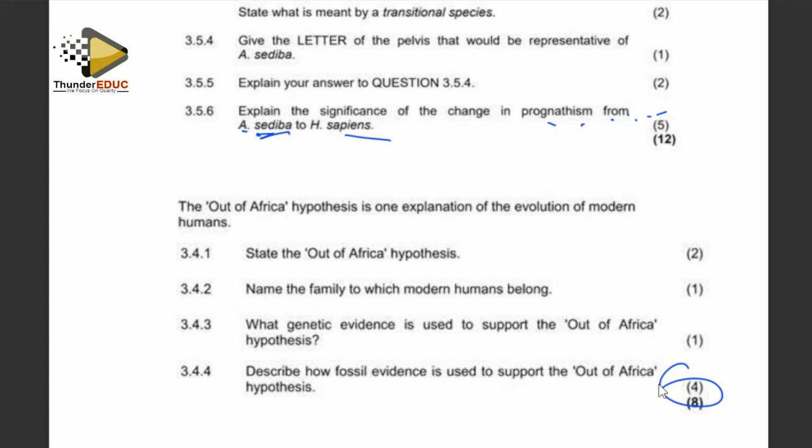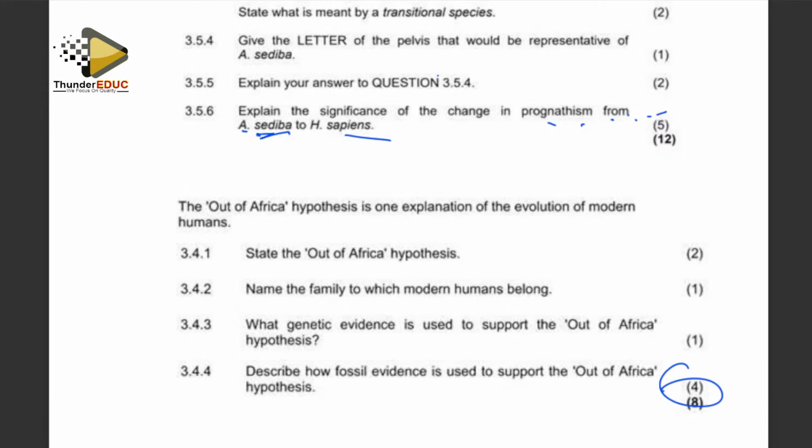Describe how fossils are used to support the out of Africa hypothesis, 4 marks. I say that fossils of Ardipithecus were only found in Africa. Fossils of Australopithecus and Homo habilis were only found in Africa. The oldest fossils of Homo erectus and Homo sapiens were found in Africa.